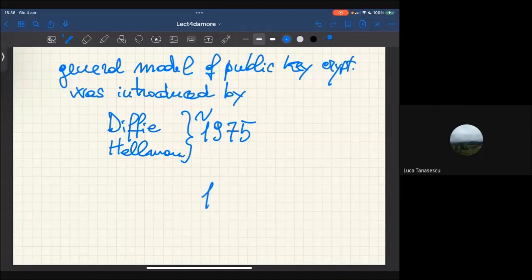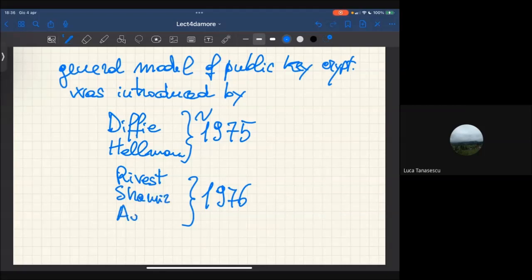One year later, three other researchers, genius again. They were Rivest, Shamir, Adleman. They solved the problem stated by Diffie-Hellman.